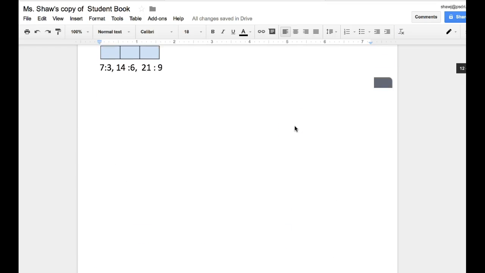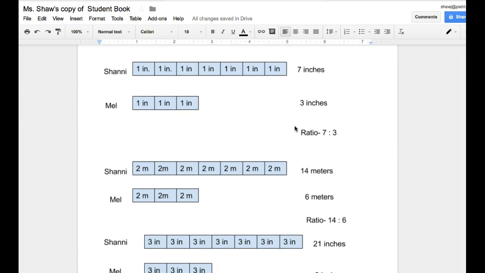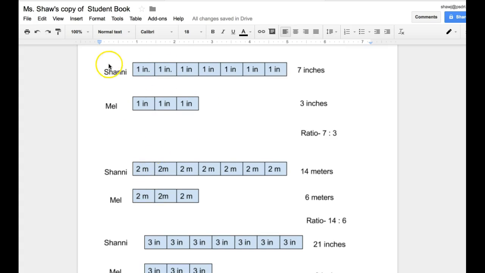Well, let's look at this in this way. Here I've drawn in all of our tape diagrams with the measurements inside and our total. When each unit represented 1 inch, she had 7 inches total in the length of the ribbon. And Mel's ribbon was 3 inches, represented by 1 inch units.